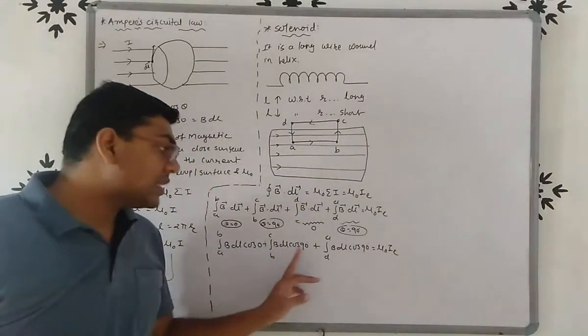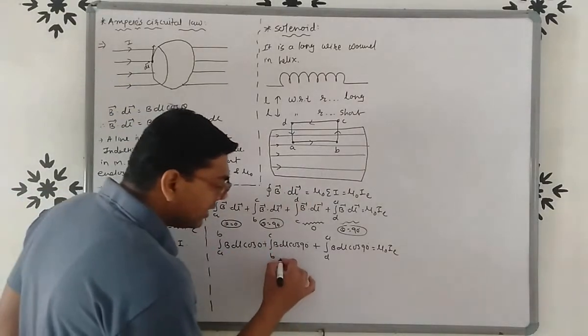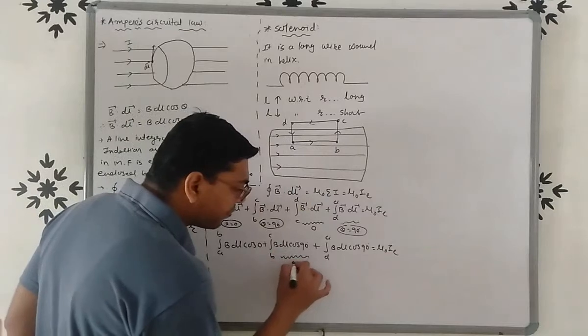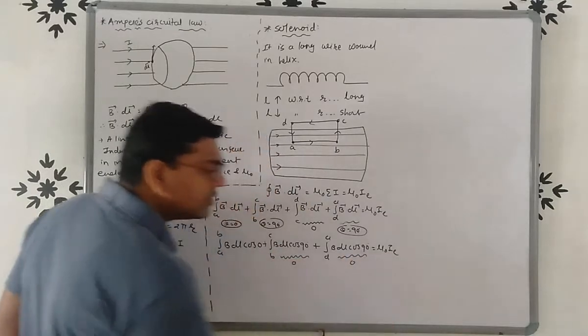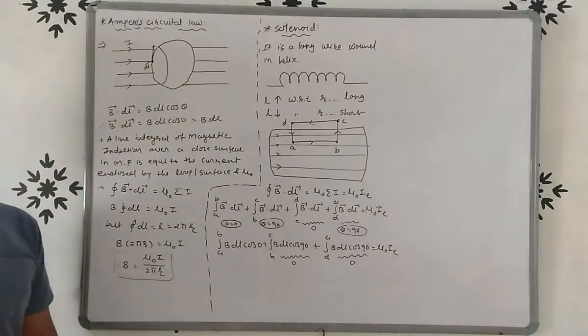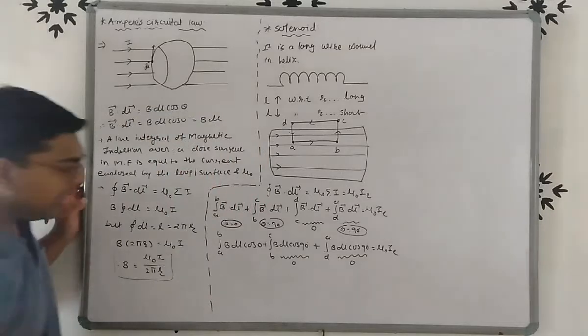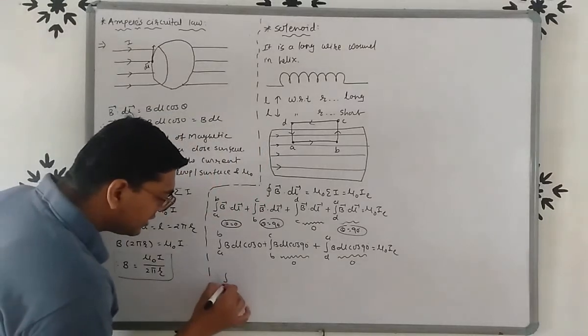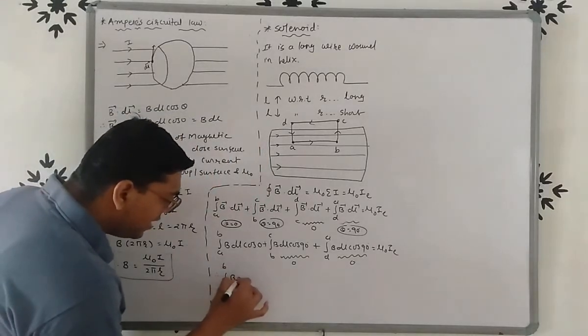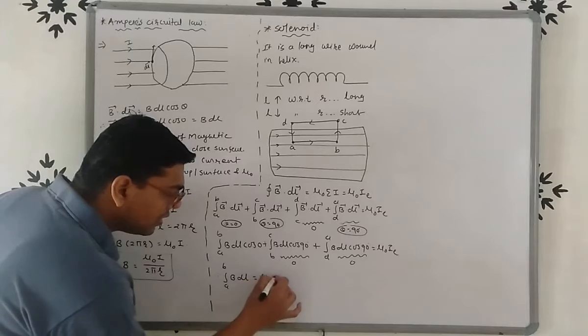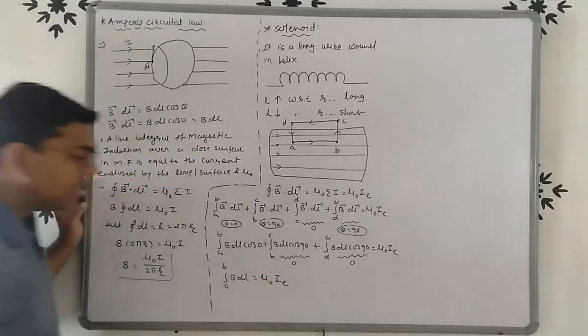We know that cos 90 is 0, so those terms are 0. So we have to consider only A to B, B dl is equal to mu 0 IE, right?